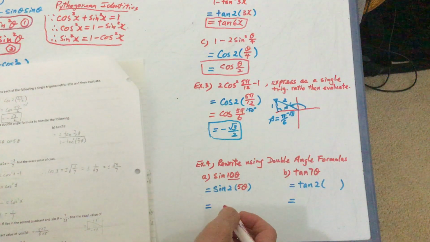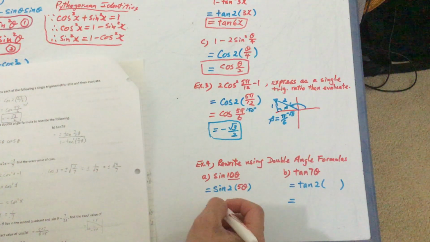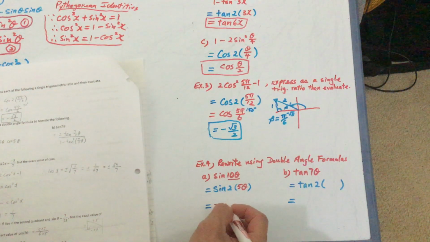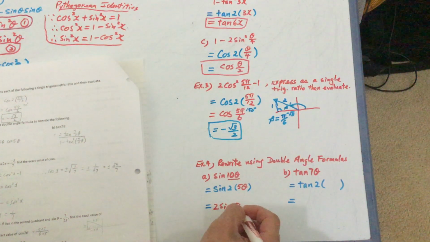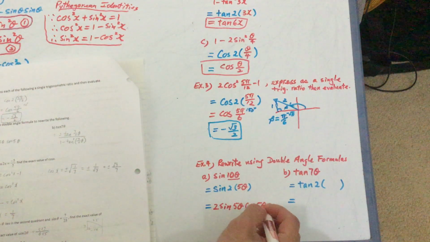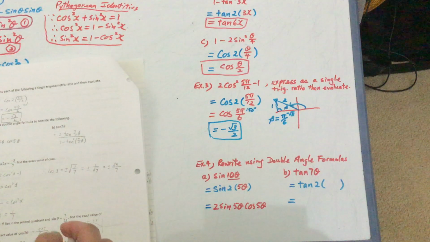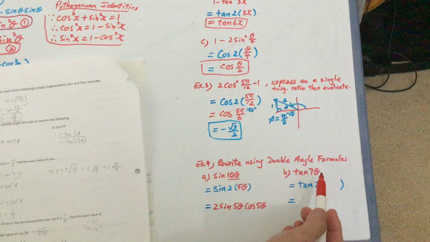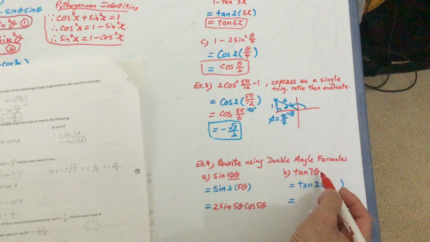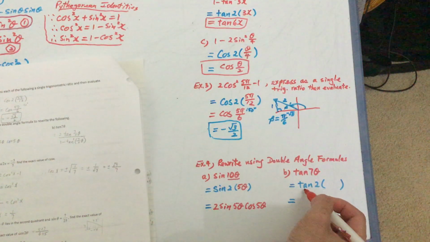And based on that, you're going to rewrite it using the double angles formula for sine. So it's a 2 sine 5 theta cos 5 theta.